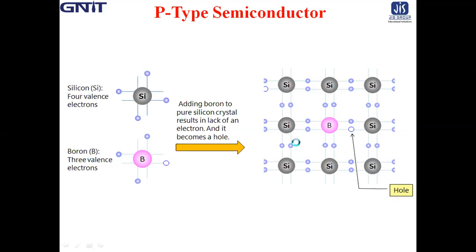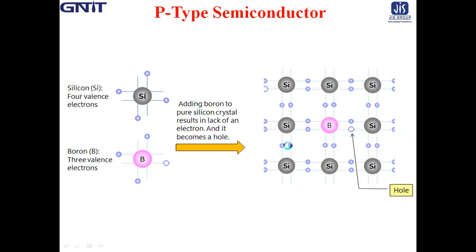This vacancy in the bond is occupied by an electron from the valence band by gaining a small amount of thermal energy to form a covalent bond. Thus, boron atoms accept electrons from the valence band and vacancies are created there.